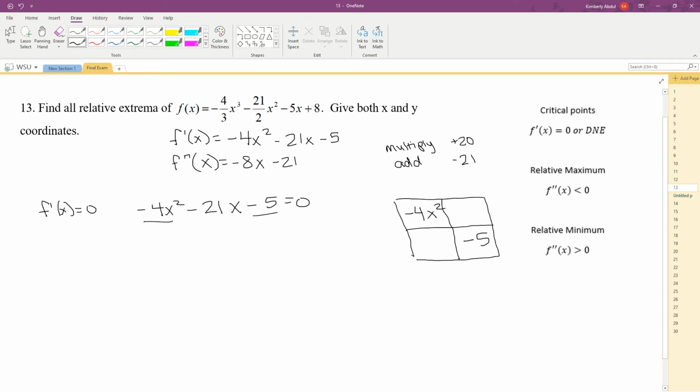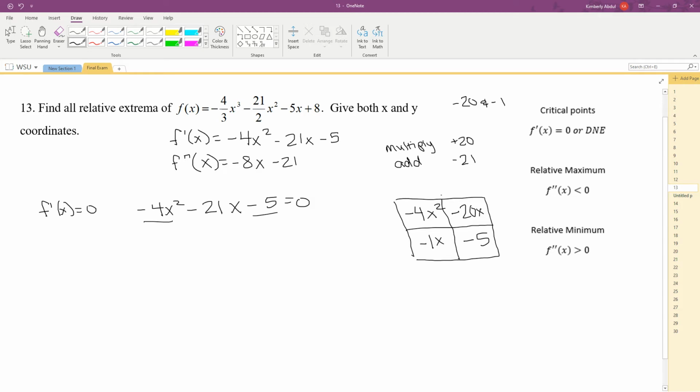So the numbers are going to be negative 20 and negative 1, because negative 20 times negative 1 is positive 20, and negative 20 plus negative 1 is equal to negative 21. So I'm going to put those new numbers that I found here.